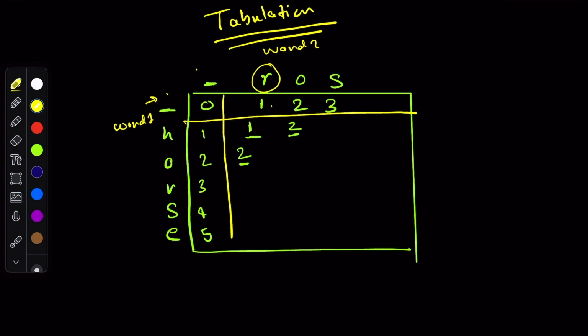Now let's look at the case when we are given H and R as word 1 and word 2. Now what we need to do is to check all the possible situations, that is insert, delete, and replace. So how can we look for replace?